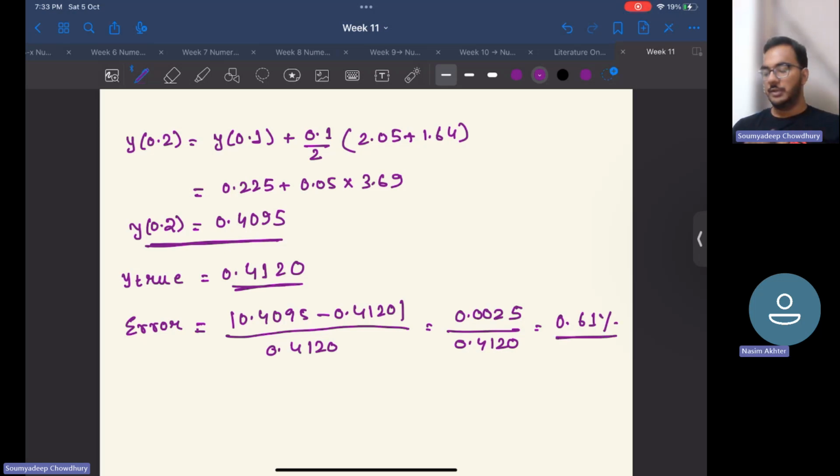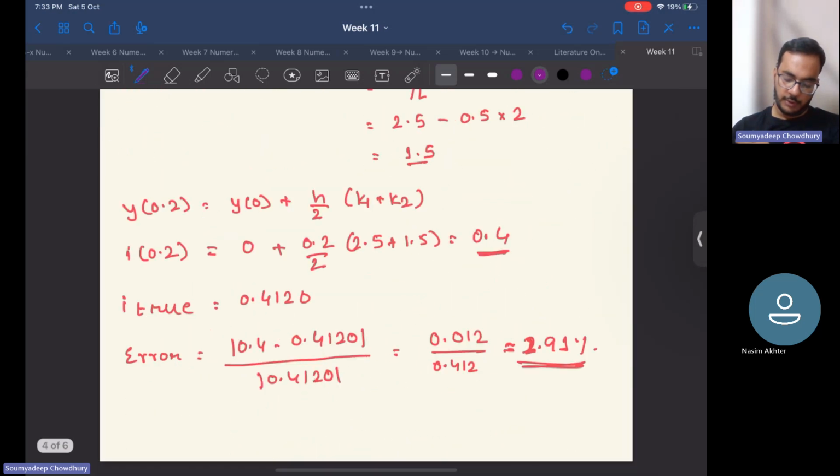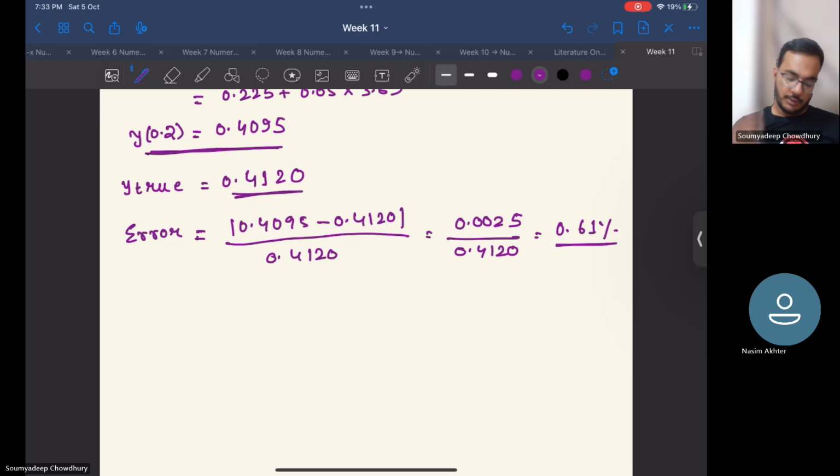So you can see here drastically the error has reduced. Previously, for h equal to 0.2, the error was 2.91%. Now it is 0.61%.